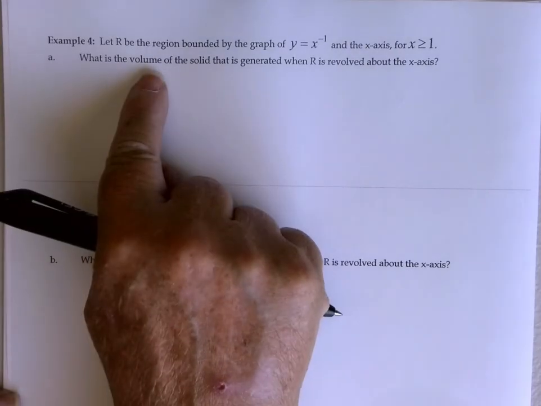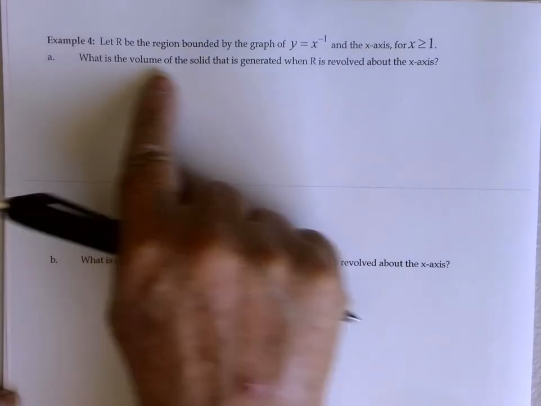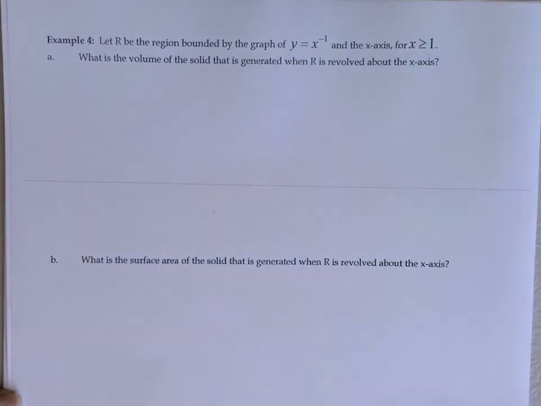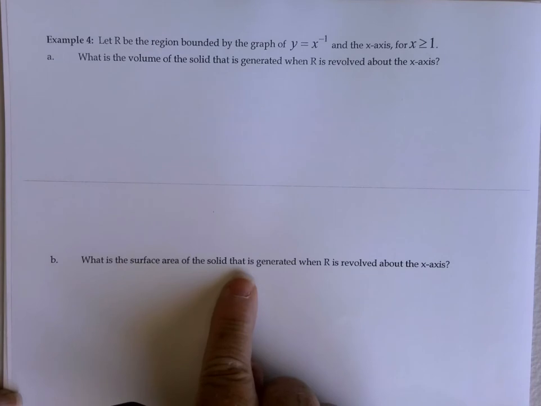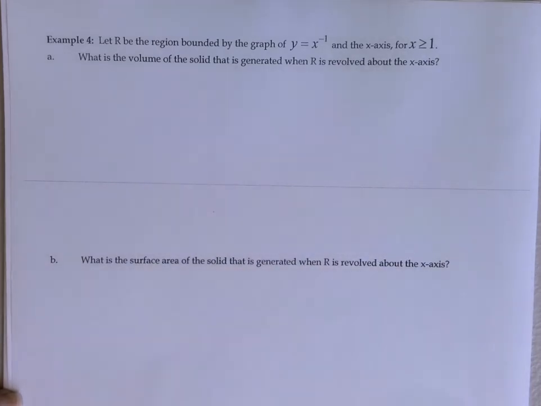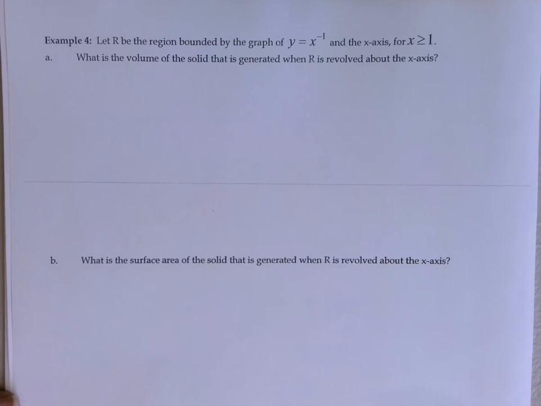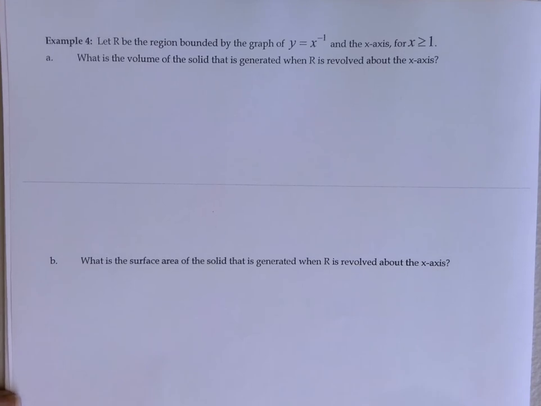I would like to find the volume of the solid generated when that region R is revolved around the x-axis, and then also the surface area of the solid that's generated when R is revolved around the x-axis. Just so you know, that part B is going to take us a bit, so I'm going to eliminate part C. You can cross out part C on this page. You'll be able to use the whole space for part B.